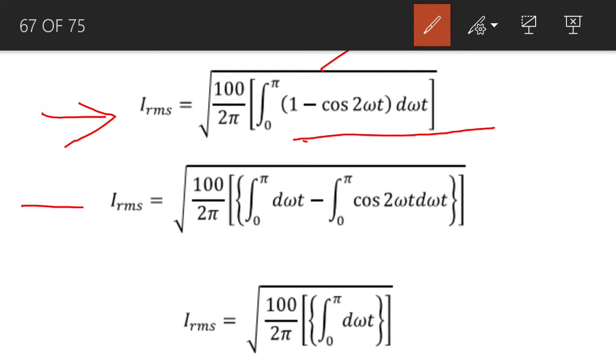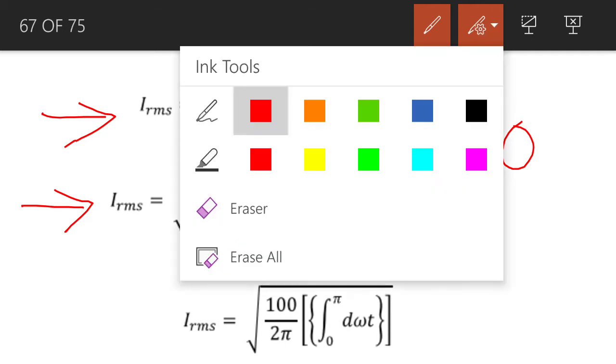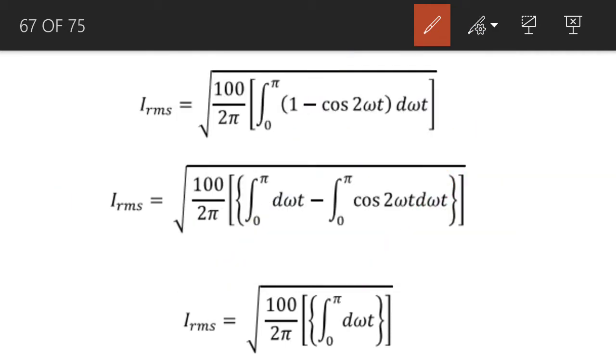So the root mean square value of the time varying current will be equal to 100 divided by 2 pi. This is the integration of the first term, and this is the integration of the second term, and the integration of the second term results in 0. So as the integration of the second term results in 0, we get this particular equation.